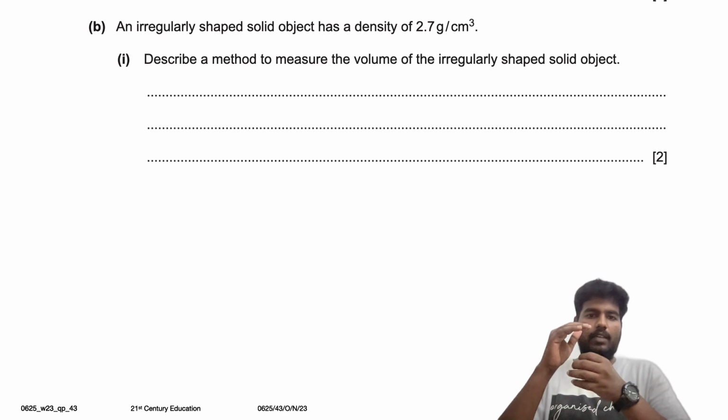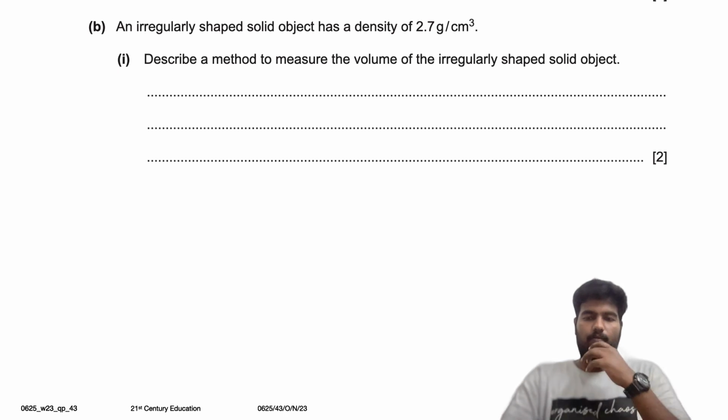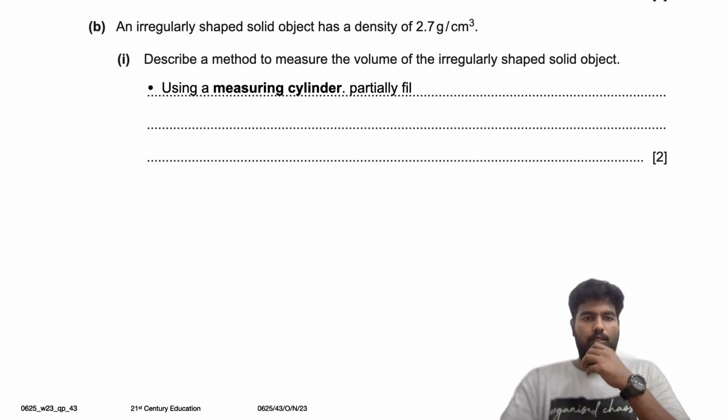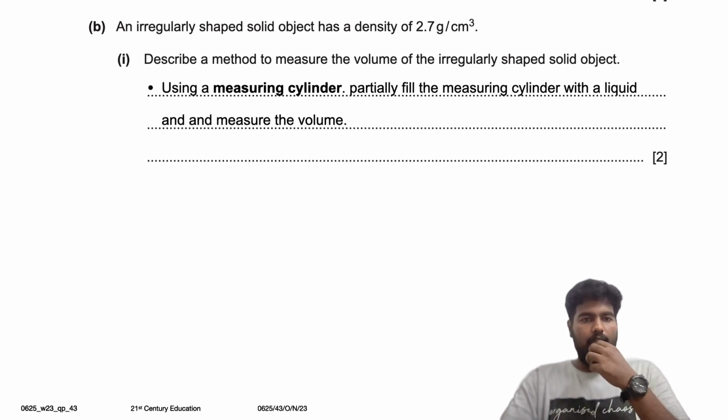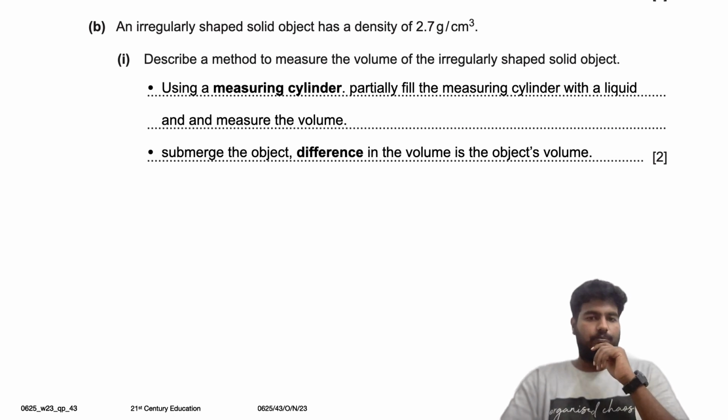So the water level will increase, and this increase in volume is the object's volume. So using a measuring cylinder, partially fill it with the liquid and measure the volume, then submerge the object. The difference in the volume is the object's volume.